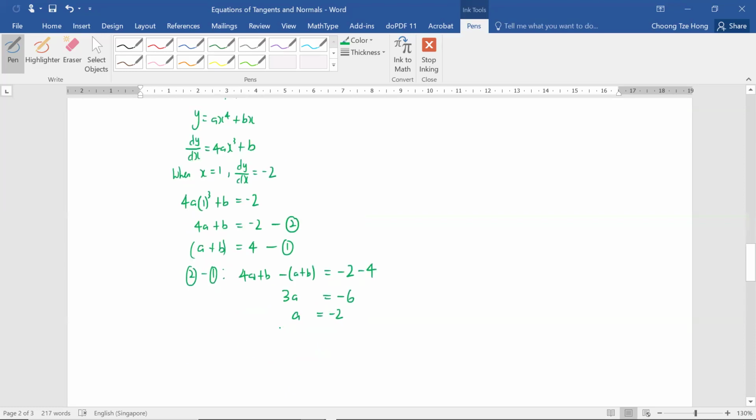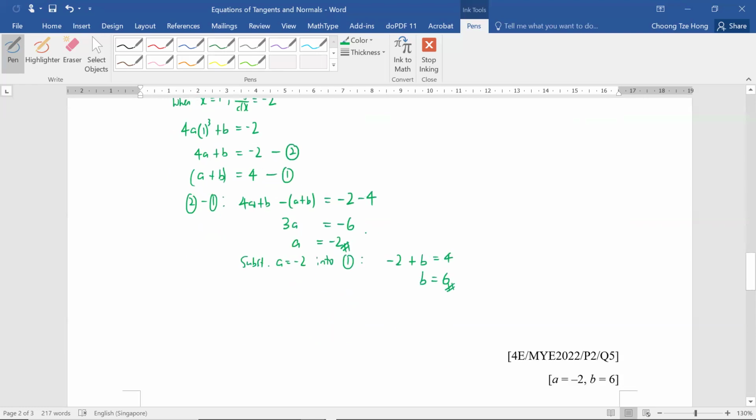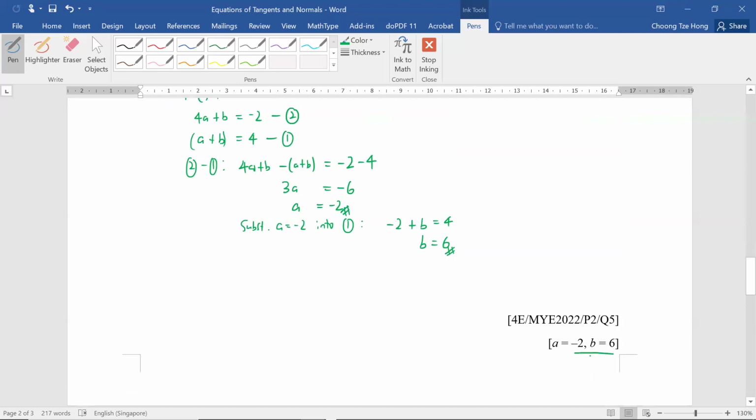Then we sub a equals -2 into equation 1. So we get -2 plus b equals 4, so b equals 6. So a equals -2, b equals 6, which is the answer.